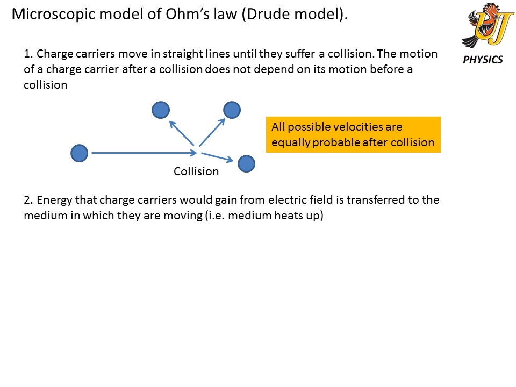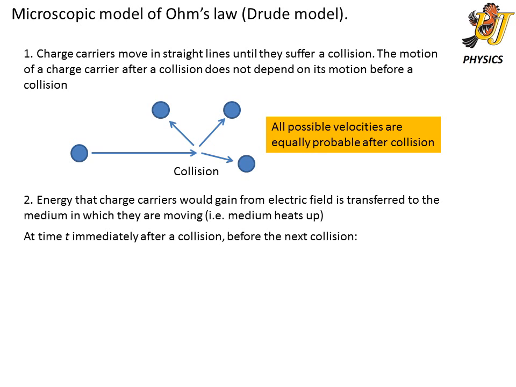This in turn implies that the collisions are not necessarily elastic and that some energy will be transferred to the medium with which the charge carriers are colliding. If we make this assumption, the result of charge carriers suffering collisions is that the internal energy of the conductor increases, which in turn means that the conductor heats up.